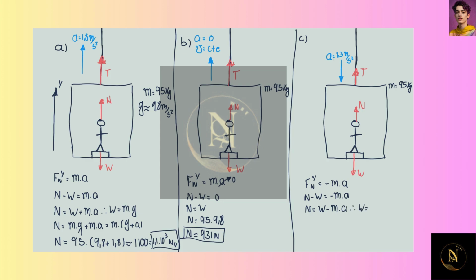Remembering that the weight force is given by m times g, we get a normal force of m times g minus m times a, and finally factoring out m, we get m times (g minus a). And this results in 95 times (9.8 minus 1.3), which is approximately 808 newtons. And this is the last answer of this question.